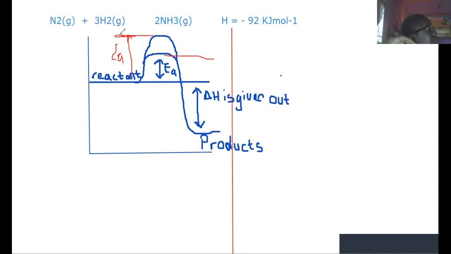This little one that reduces the activation energy becomes the activation energy with catalyst, right? You can put your reactant as N2 plus 3H2, and then your product. Okay, so everything is correct. It's correct, and that's all.